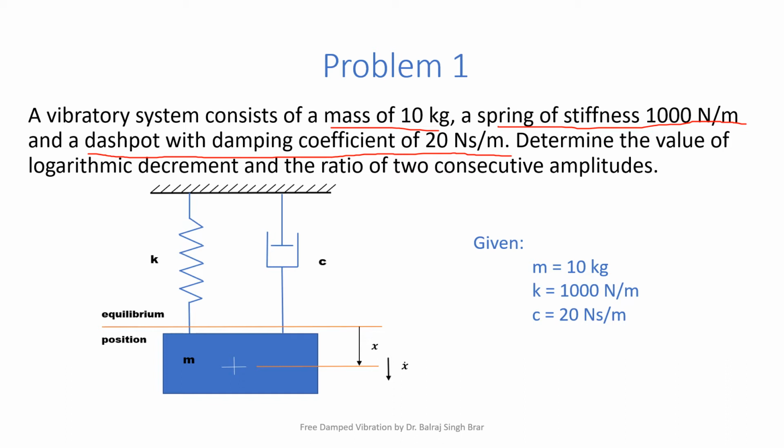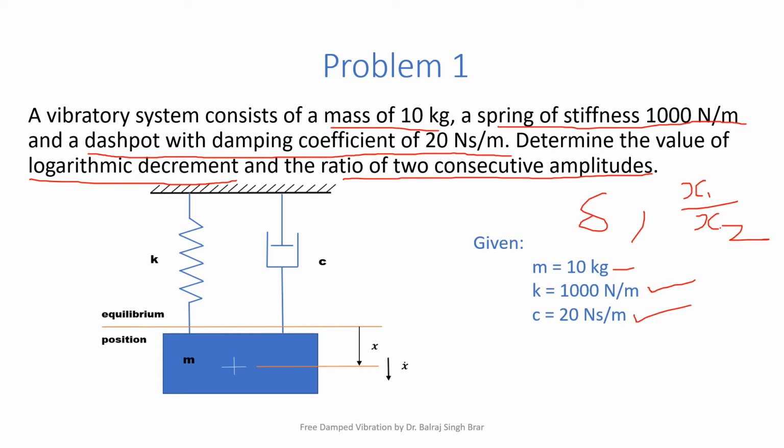Now we have to determine the value of logarithmic decrement delta and the ratio of two consecutive amplitudes, say x1 by x2.